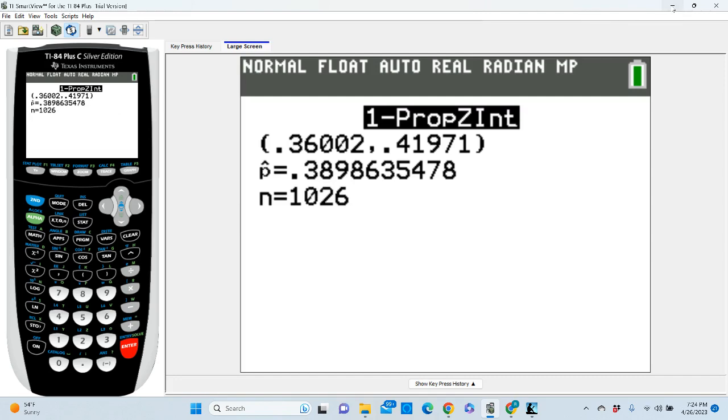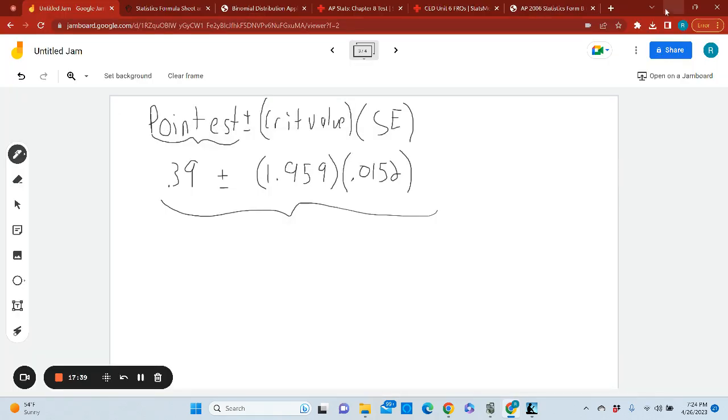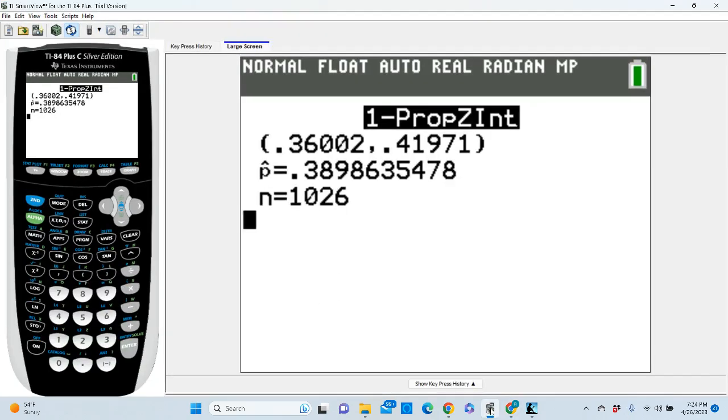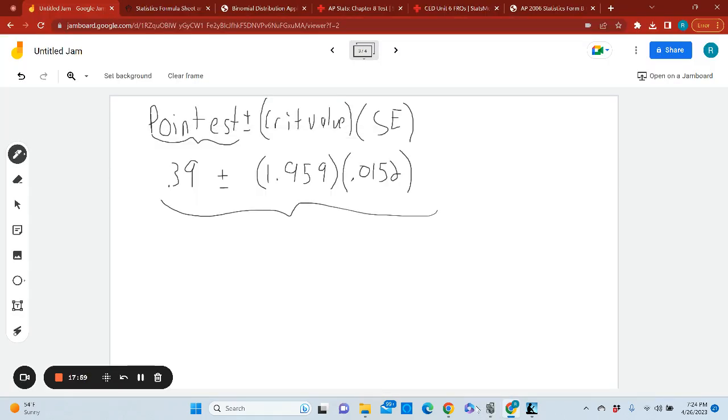So I guess for a particular question like this, you could actually do the math by hand if you want to be super accurate, okay? Because 39% of 1026 turned out to be a decimal, right? So, I mean, I guess if you put this answer down, you'd be pretty darn close. But let's just do it out by hand.